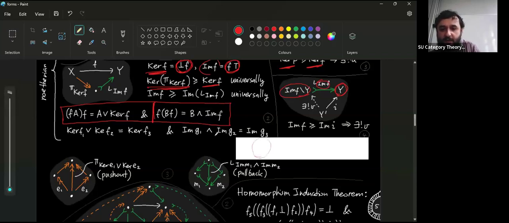Just 2 sets, X and Y. And imagine you have a function F that maps X into Y. If I take a subset of Y, call it B, and I take its inverse image and then direct image, I will get this piece, right? But that's exactly the intersection of B with the image of F.